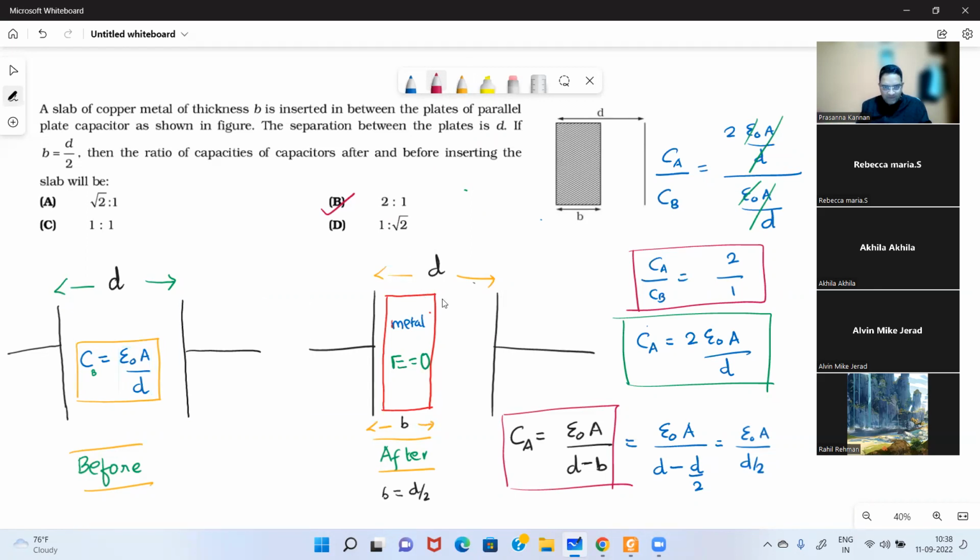Now I'm going to insert a metal which is going to occupy a distance, let us say, small b. Then we know that we have seen earlier in one of the earlier classes that whenever you insert a metal, the electric field inside is going to become 0. Therefore, the capacitance will be primarily because of this region. So the formula for your capacitance in case of a metal inserted inside a capacitor is going to be given by capacitance equal to epsilon naught A divided by D minus B. All right.